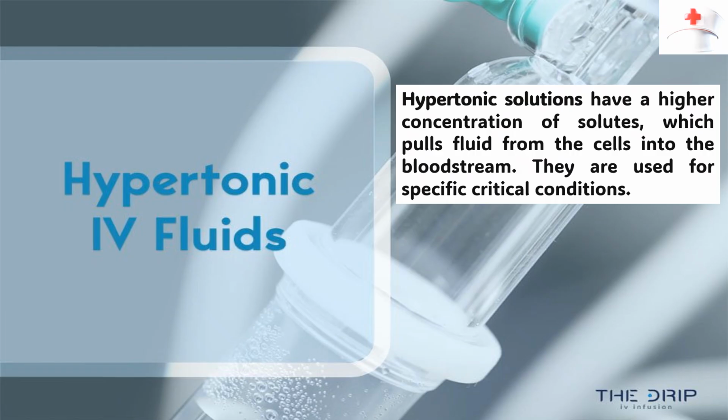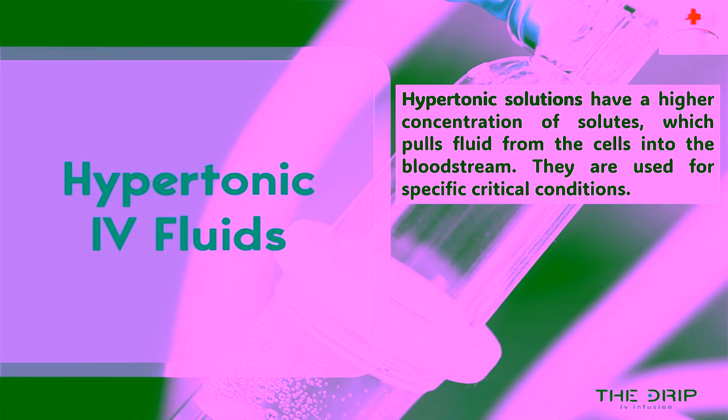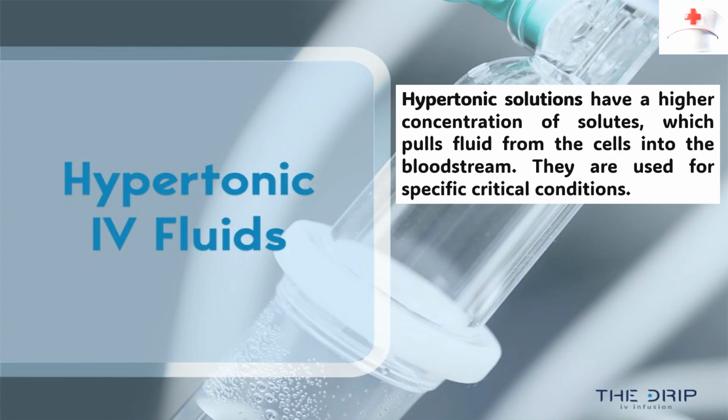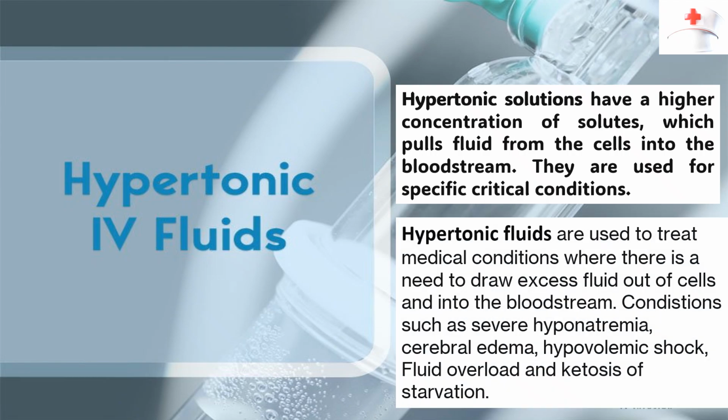Next are the hypertonic solutions, which have a higher concentration of solutes, which pulls fluid from the cells into the bloodstream. They are used for specific critical conditions. Hypertonic IV fluids are used to treat medical conditions where there is a need to draw excess fluid out of cells and into the bloodstream.